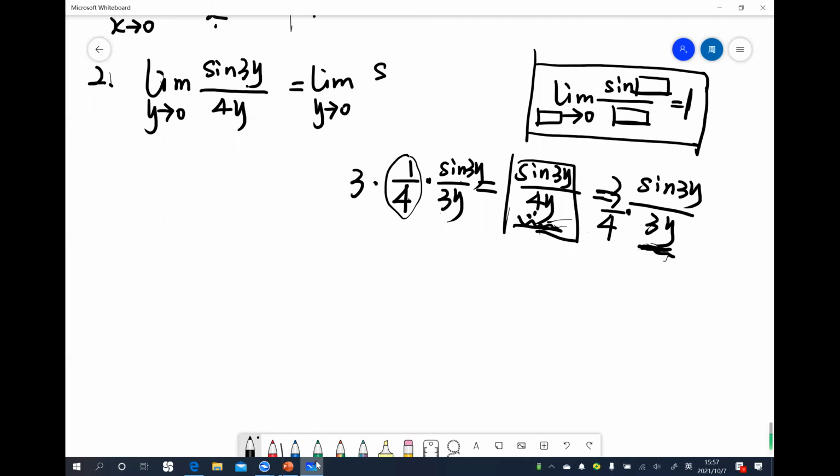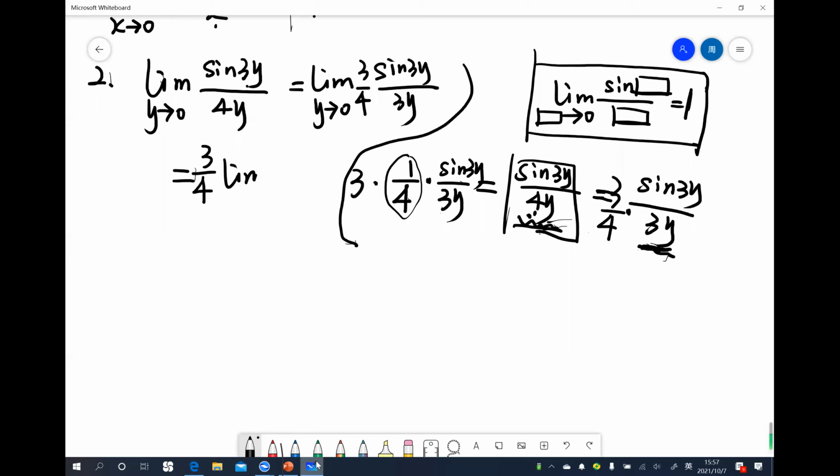Okay. So here we have 3 by 4 sine 3y by 3y, right? And that equals 3 by 4. This is a constant. I can take it out, times limit sine 3y by 3y.